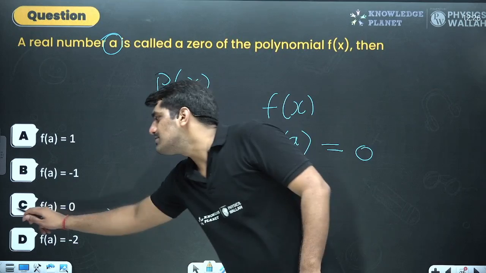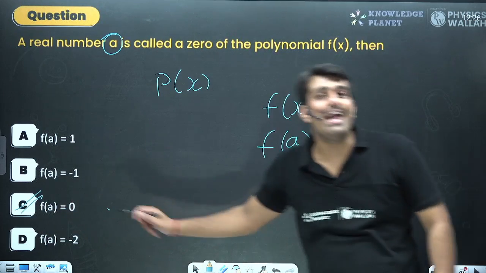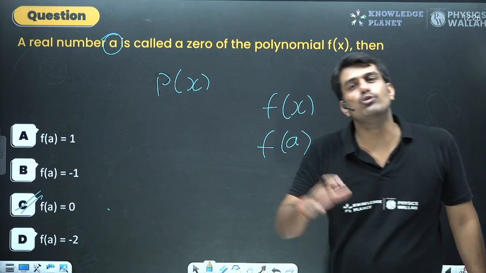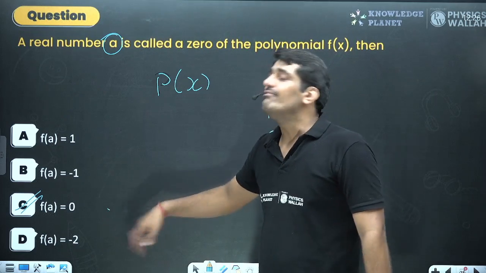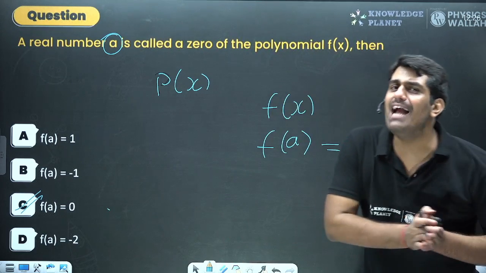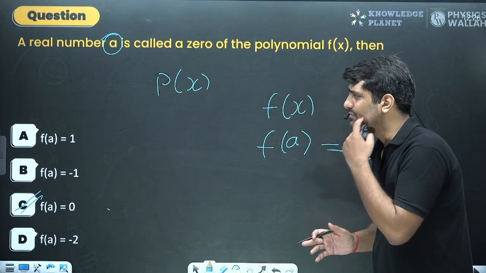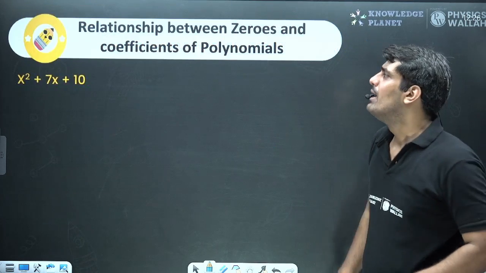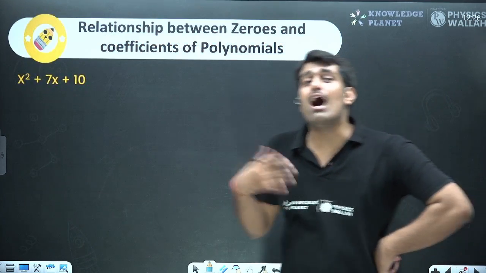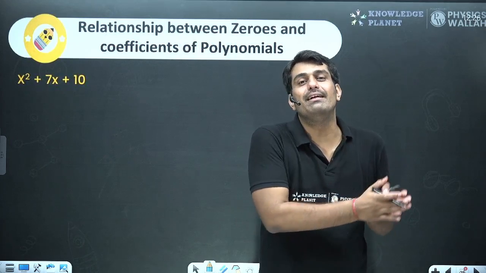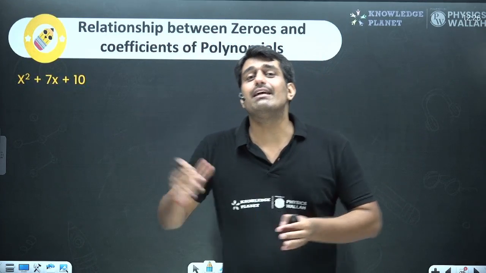Why? Because for that value of a, the entire expression will be reduced to 0. This is a very, very simple and basic thing. I hope we are understanding this part. If we are, now we are reaching the final ultimate thing of this chapter, which is the relation between the two.